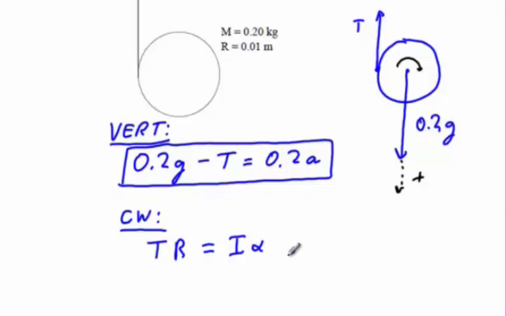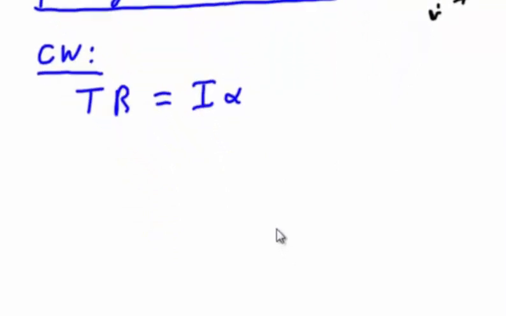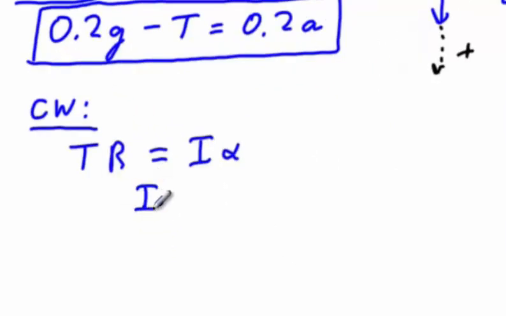As you examine this equation, there are two variables in it that you simply don't like. Those variables are I and alpha, and we're going to do something about each one of them. For the moment of inertia, we recognize that the object is a solid cylinder, and we remember that the moment of inertia of a solid cylinder is 1/2 its mass times its radius squared.